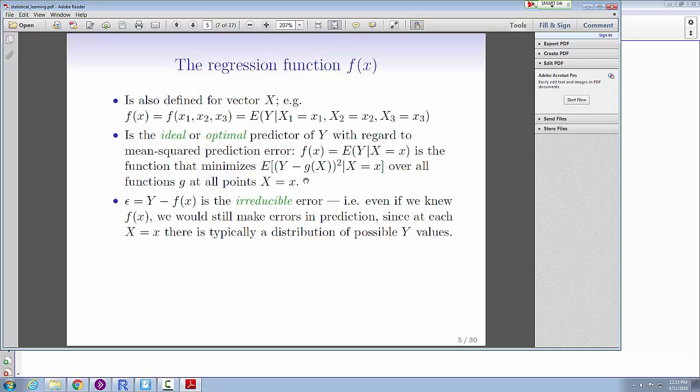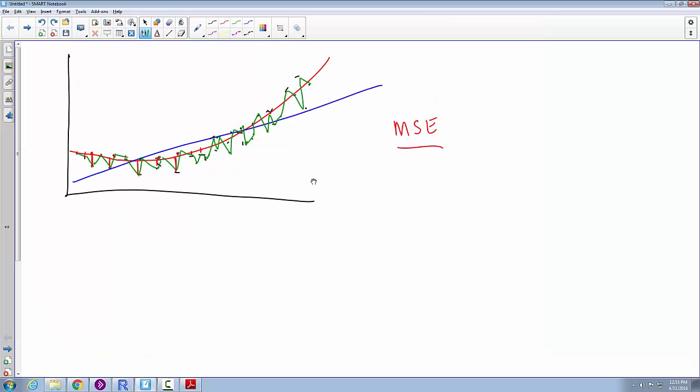We need to put an asterisk next to that statement because the function that minimizes the mean squared error on the training data is which of these three? Which one? It would be the green one, because the green one is perfect.